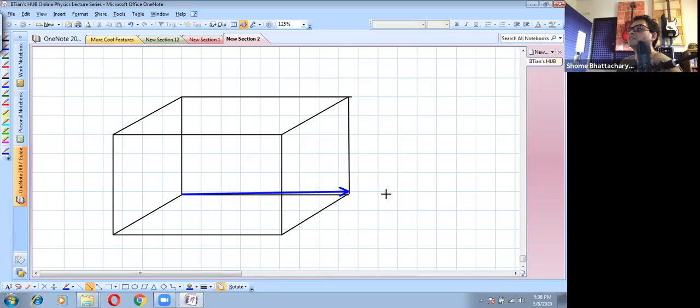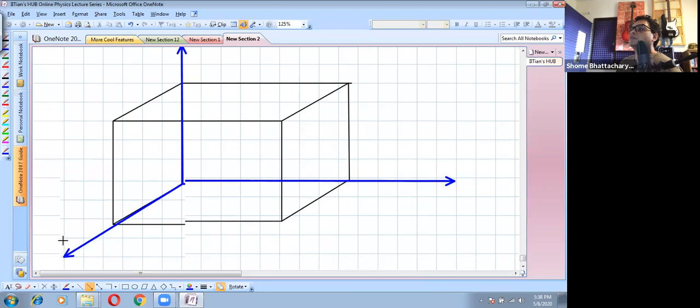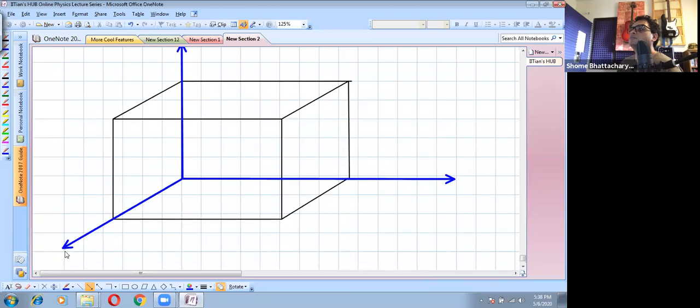So, this is my positive x-axis. This is my positive y-axis. So, this becomes my positive z-axis. And of course, on the other side, this is continued. So, this is the negative z-axis, z prime. And this is the negative x-axis, x prime. And this is the negative y-axis.